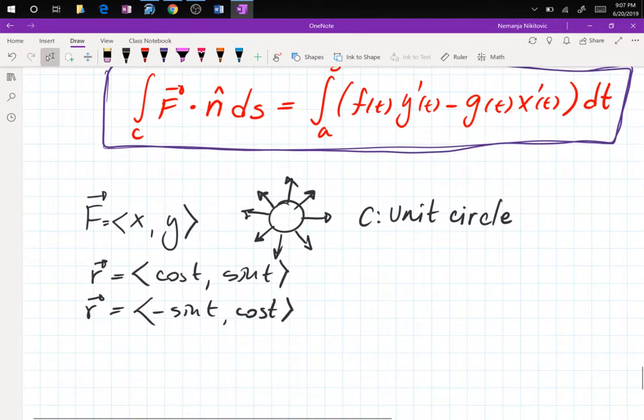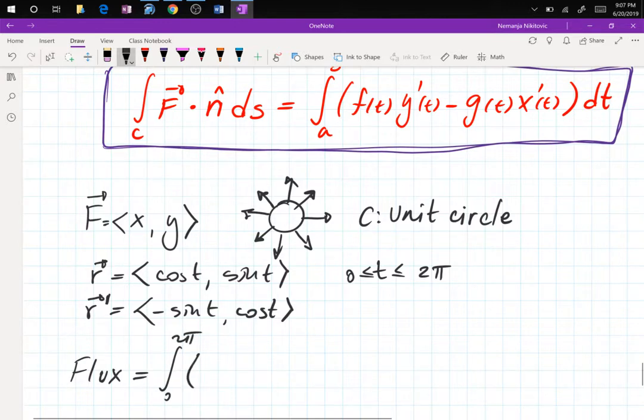Let me see if I can do one of these problems, not to make a mistake. Parametrization is that T goes from 0 to 2 pi because we want the entire circle. If they want a half, they will say half. Oh, this is R prime over here. I gotta put the prime there. Okay, let's go. The flux equals integral from 0 to 2 pi.